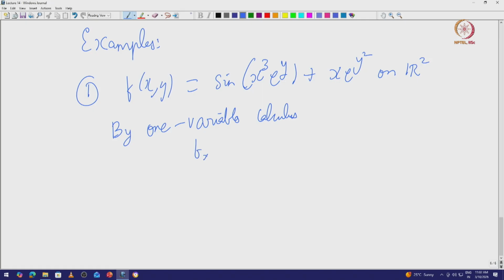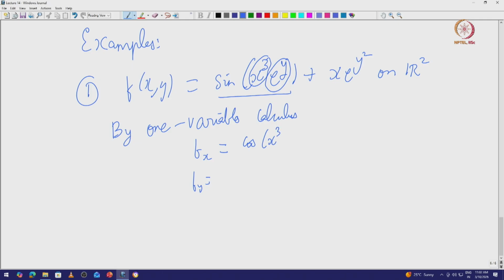The partial derivatives with respect to x and y do exist, and they can be computed using the chain rule, right? You're fixing y, so this is a constant as far as you're concerned. Polynomials are differentiable, sine is differentiable, so composition of differentiable functions is differentiable, right?